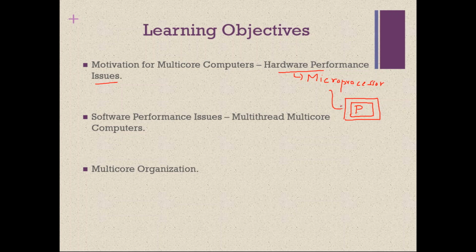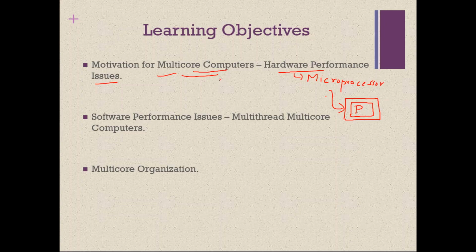In this type of processor there are some performance issues which over a period of time we have been facing. To mitigate those issues we are going for multi-core computers. What are those issues, and why is there a shift towards multi-core computers? That is what we are going to discuss in this lecture.